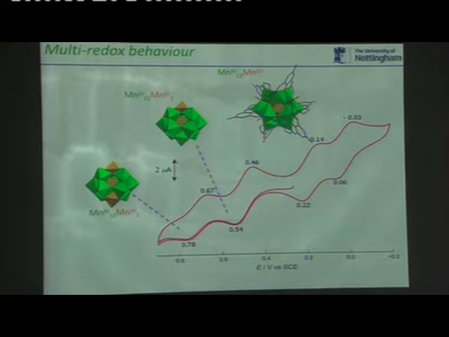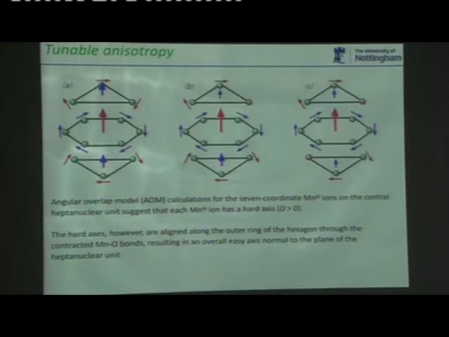As we then oxidize it, and we could isolate these by the addition of chemical oxidants, we could isolate the singly oxidized and the doubly oxidized molecules. Now, without going too deeply into this, from the magnetic perspective, it's really interesting.